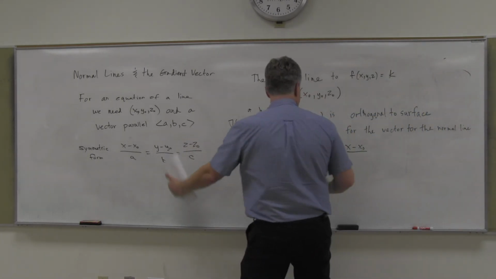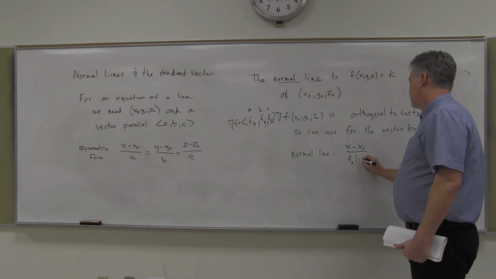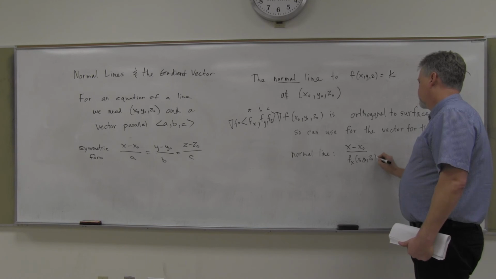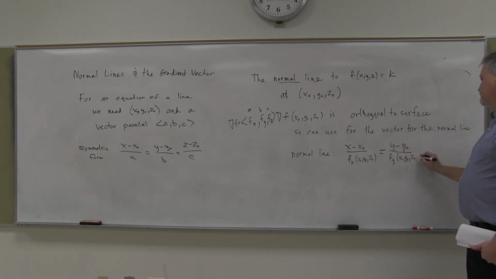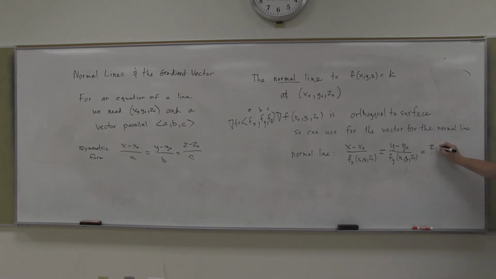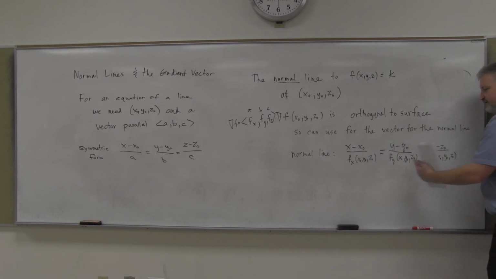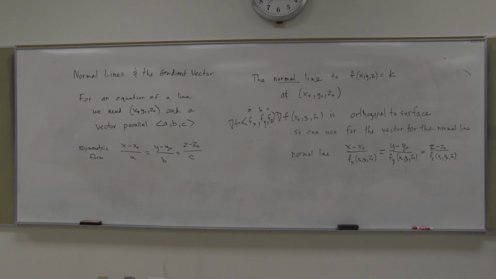And so that's our A, B, C. So for the normal line, you're just going to put the values of your partial derivatives as the denominators in your symmetric form. I always convert it to some other form.